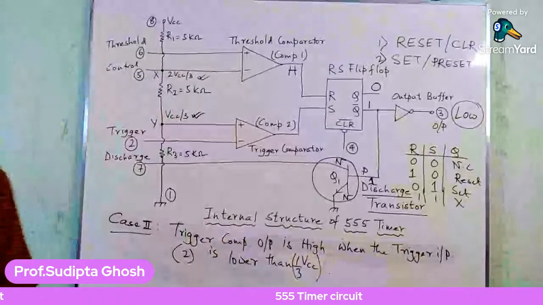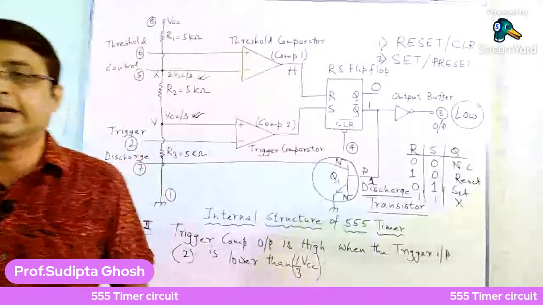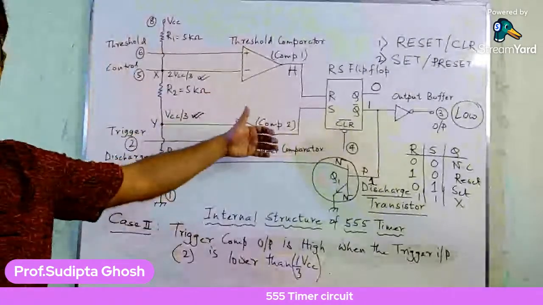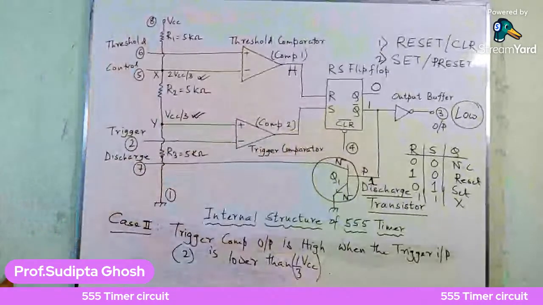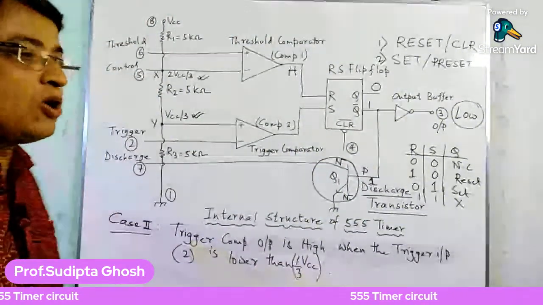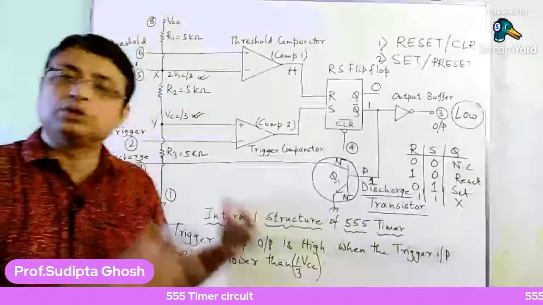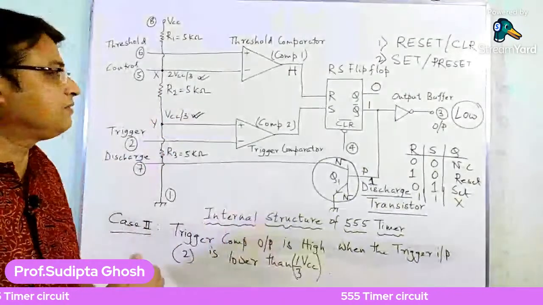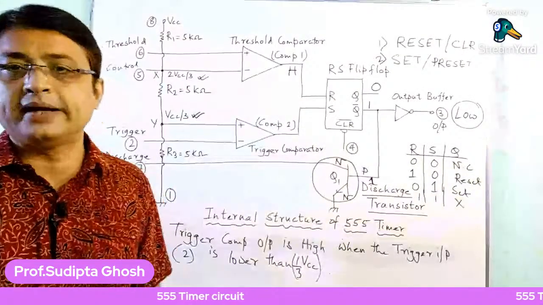So the second case study is concerned with the second comparator, that is the trigger comparator. Right now we are also considering the output of both the comparators when they are high. In case number 1 we studied when the threshold comparator goes high.